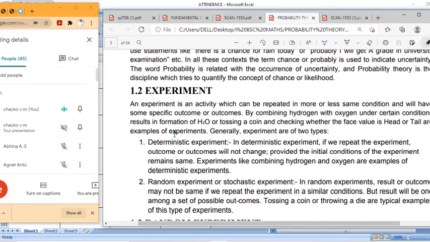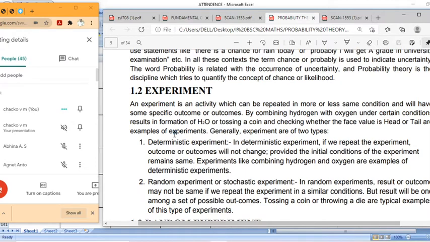And what is a random experiment? I will give an example. Suppose you are tossing a coin, then the result may be either head or tail. If you conduct the preparation of water experiment, the result will be unique. But if you conduct a coin tossing experiment, the result can be either head or tail.